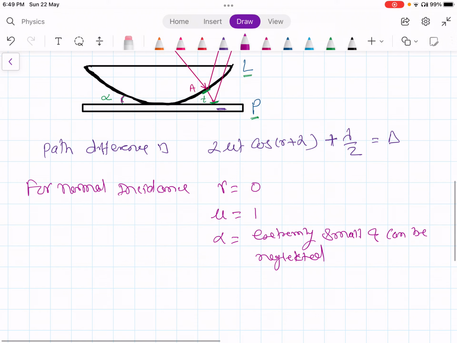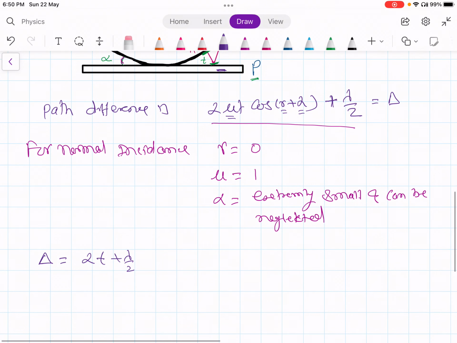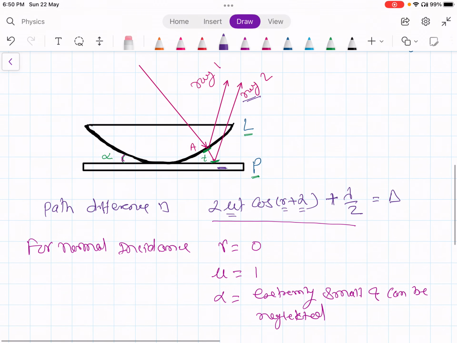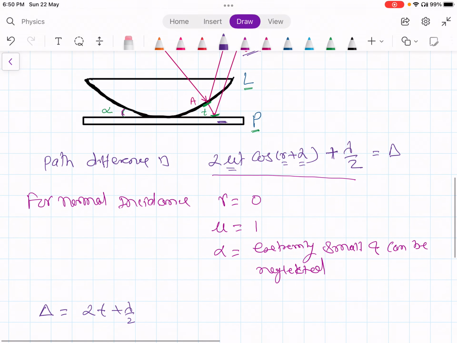Then the path difference delta equals 2t, since mu is 1, cos(r plus alpha) equals 1, plus lambda by 2. So the path difference between ray 1 and ray 2 is 2t plus lambda by 2.